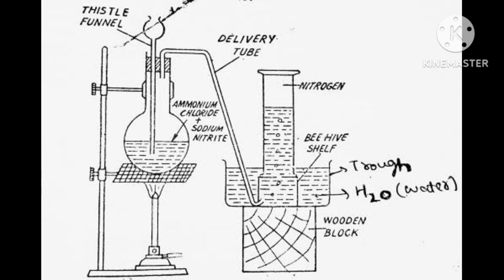And in small amounts, in this nitrogen gas, a small amount of NO and HNO3 are also formed. Those are actually impurities. A small amount of NO, nitric oxide, and HNO3 are also formed in the reaction. These impurities can be removed by passing the gas through aqueous sulfuric acid containing potassium dichromate.